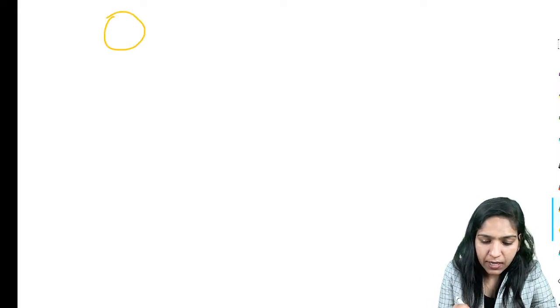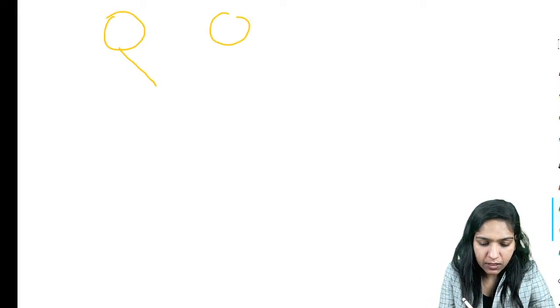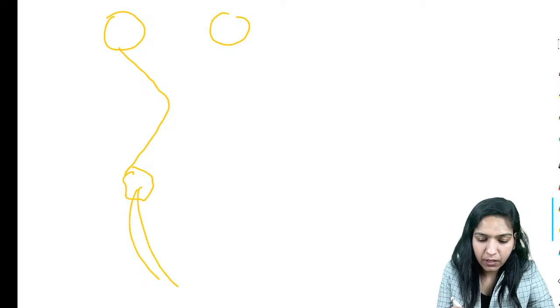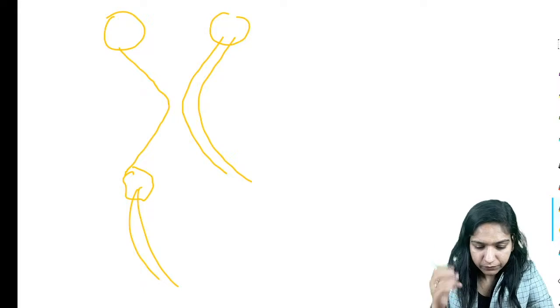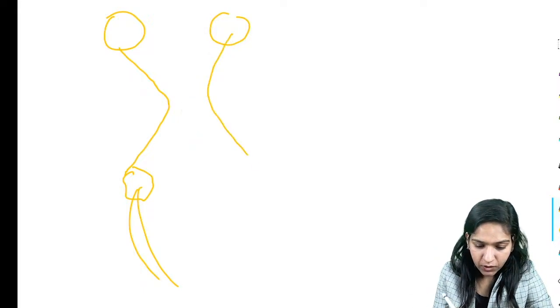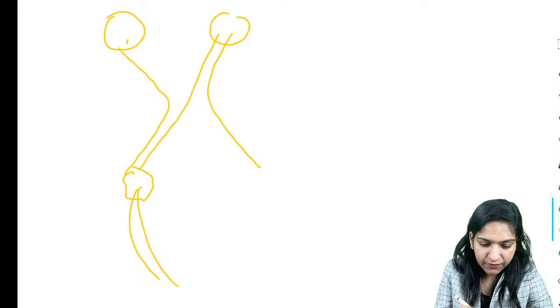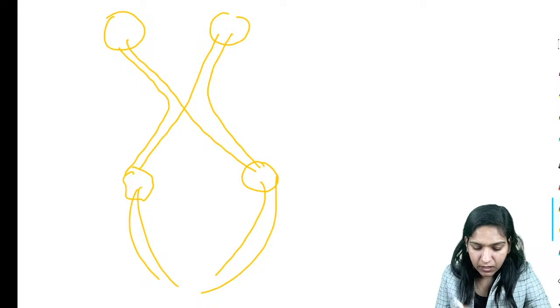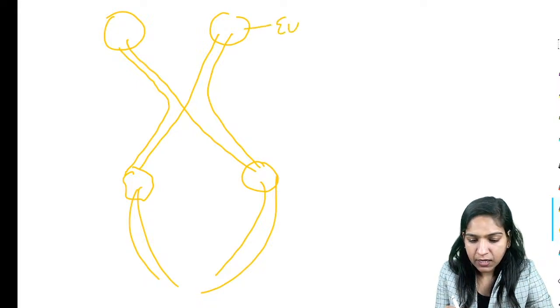So this is my eye and this is the optic nerve, and then finally goes to the optic cortex. So this is the temporal fibers and the nasal fibers are crossing, that you all know very well. And then so this is the eye, this is the optic nerve, right?